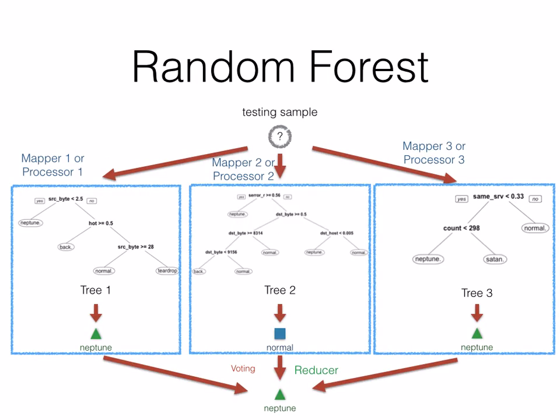So the scene will become like this. We have several mappers, or say several processors, and we let each processor train a different tree. Training a random forest is not sequential. Some examples are sequential, for example stochastic gradient descent.